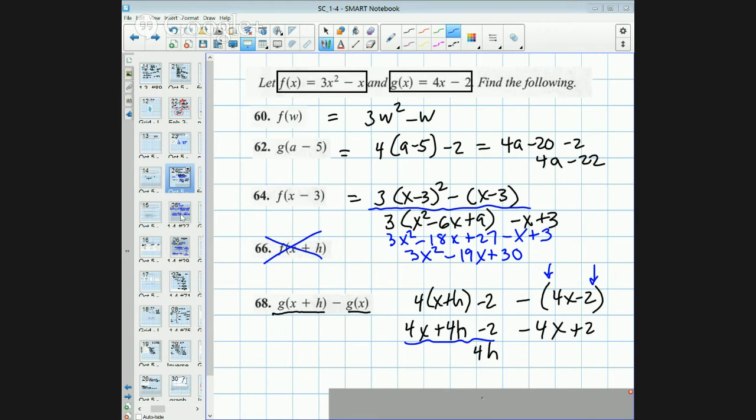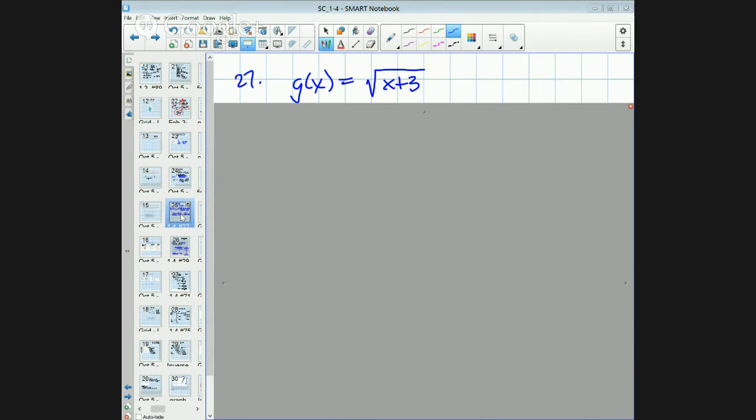Okay, another problem from the assignment, I'm skipping around here a little bit, is number 27. So I don't know if you have your books handy, but the directions are evaluate the difference quotient and simplify. So all they're telling you in number 27 is g of x is the square root of x plus 3.